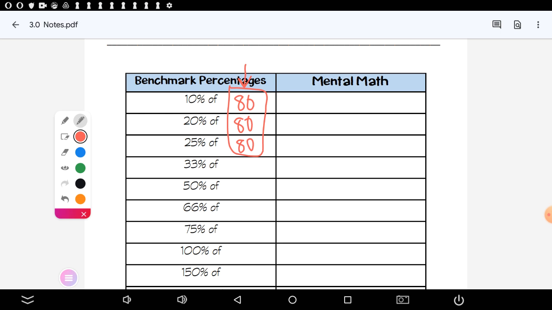If the whole is different, I can't take half of it over on this side to compare it to a different one. Now on the next set, I'm going to change our whole number to 90. So next to 33%, change that to 90.